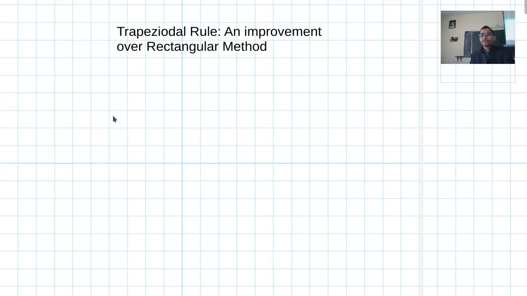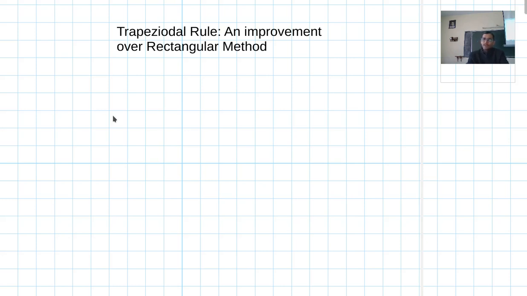So now I'm going to talk about the trapezoidal rule, and this trapezoidal rule is an improvement over the rectangular method. We can derive this trapezoidal rule with the help of a Newton-Cotes rule. About that I will talk about later on, but there is a simple method also to do the calculation.